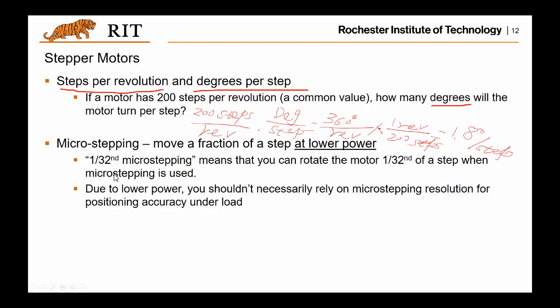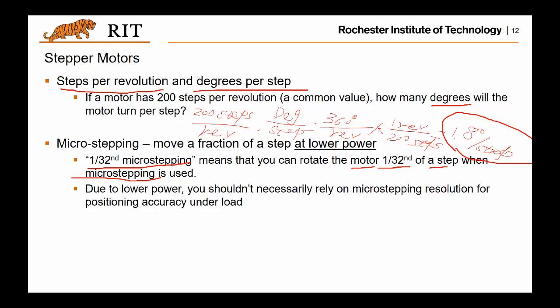For example, you could have 1/32 micro stepping. That means you could rotate the motor 1/32 of a step when this micro stepping is used. In this case, the 1.8 degrees is the degree the motor revolves per step, right?